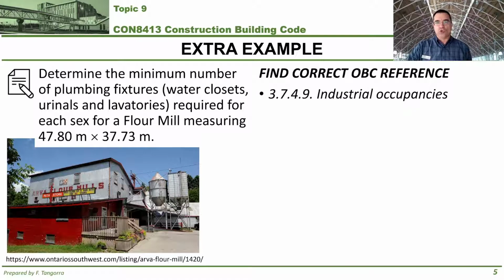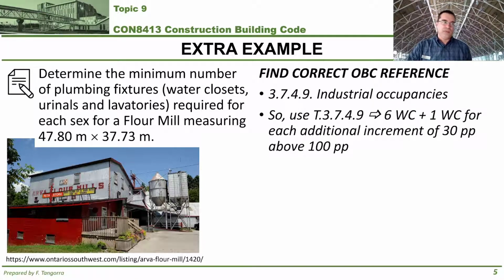When you read the whole thing, you are directed to Table 3.7.4.9. When you check that table, you'll notice that 197 people takes you somewhere in those rows. Let me take a step back. The table has 2 columns. The left column lists the number of people, so depending on the number of people, you select the row.